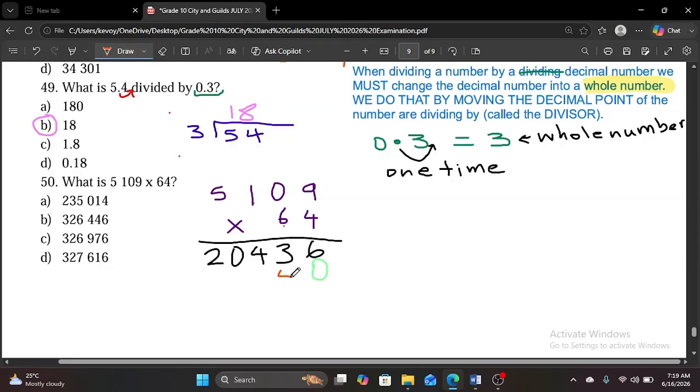So you put down that 4 right there, and carry the 5 to be added. 6 times 0 is 0, plus 5, that's gonna be 5. 6 times 1 is 6. And then 6 times 5 is 30.